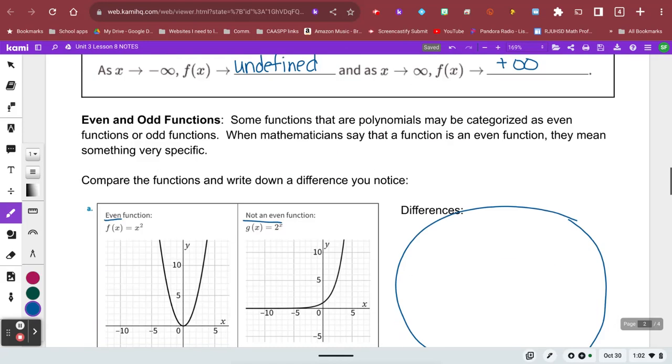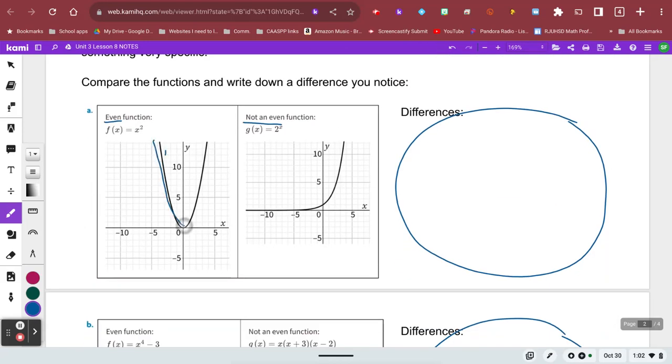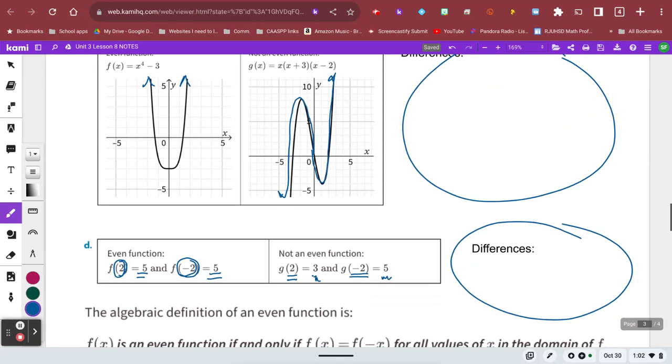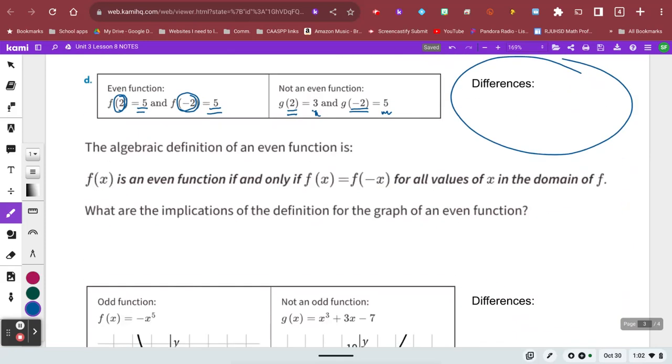This one's not. Here, both end behaviors are the same. So even functions are going to have the same end behavior.